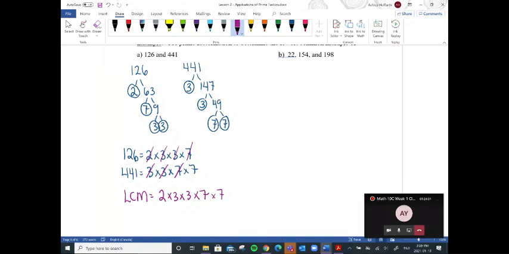Okay, so you basically take one full prime factorization multiplication statement. So we took the first one. And then whatever's extra from the second one gets added at the end. And then we multiply all of that together.